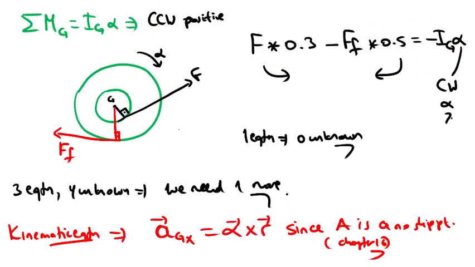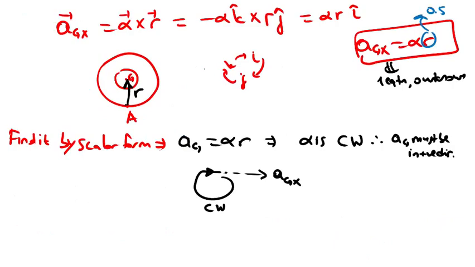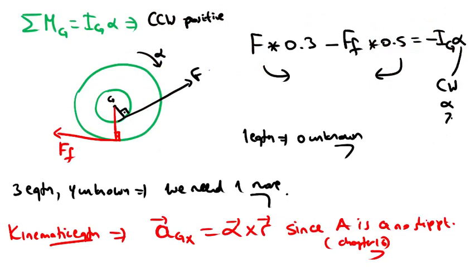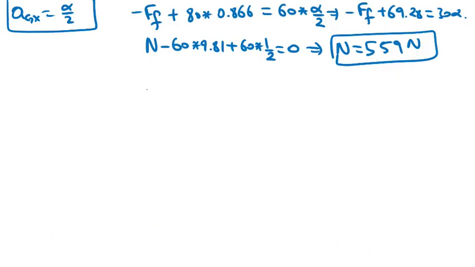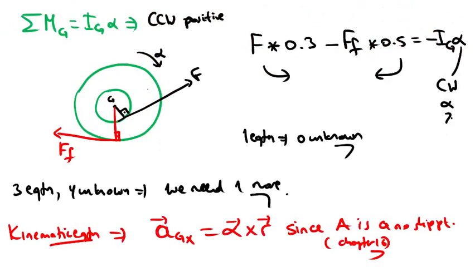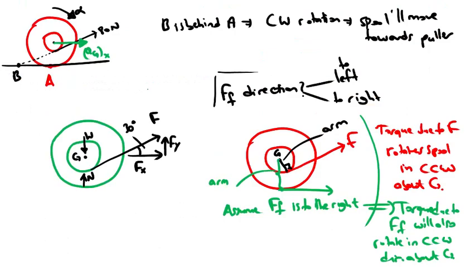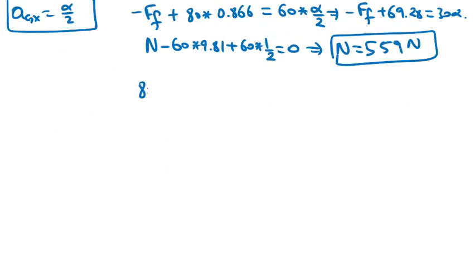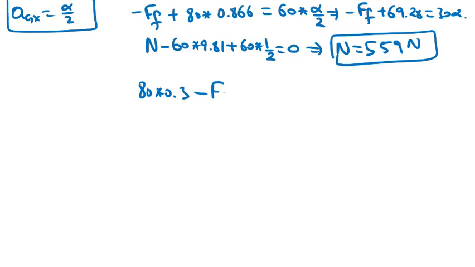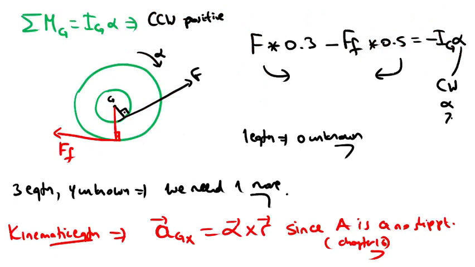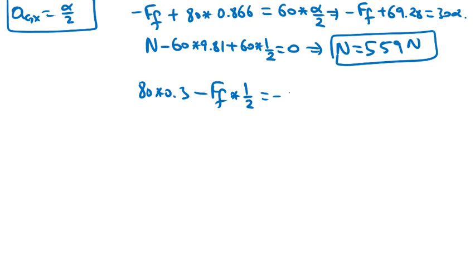Then comes the last equation, which is the moment equation. It says F times 0.3, where F was 80, so 80 times 0.3, minus F_f times 0.5, will be negative I_G into alpha.